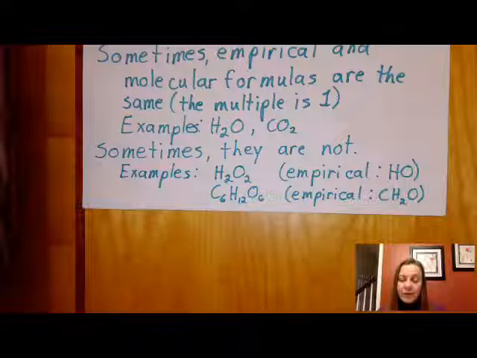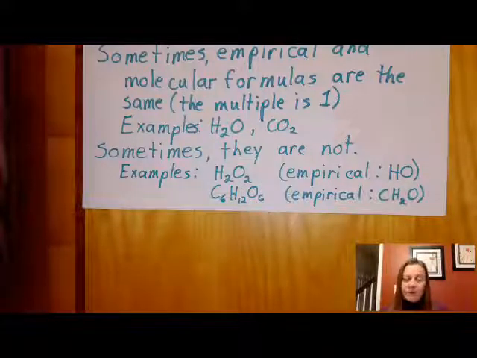Glucose is another good example, C6H12O6. Its empirical formula, reduced down to the smallest whole number ratio, is CH2O. That's the empirical formula. That's what we would get from laboratory data. But we know that the actual molecule contains 6 atoms of carbon, 12 atoms of hydrogen, and 6 atoms of oxygen.